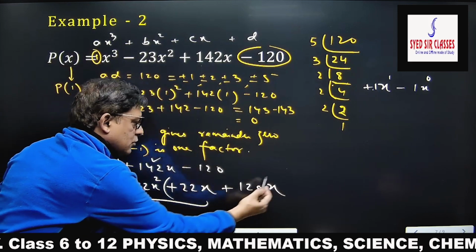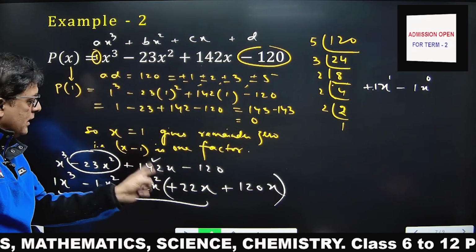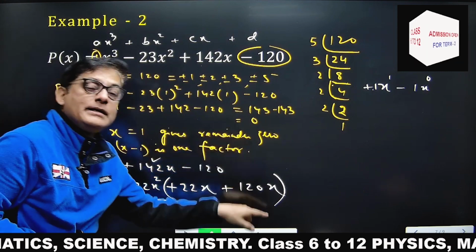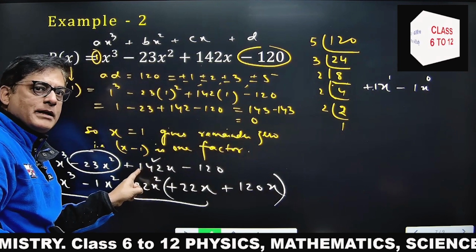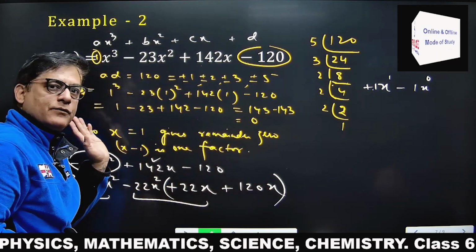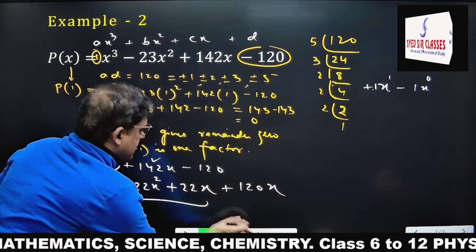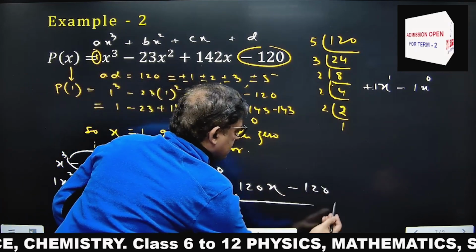Add them and check, children. Are you getting 142x? Yes. So how many you have taken, and how many still do you need to take in plus or minus so as to maintain plus 142x. So in this way you maintained 142x. Here the last term you will write as such, and this is the third pair.